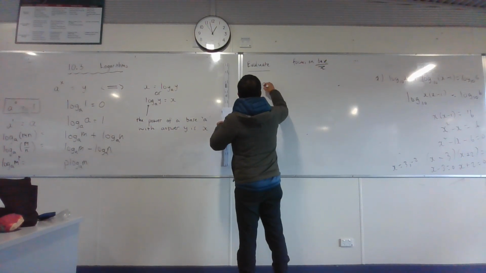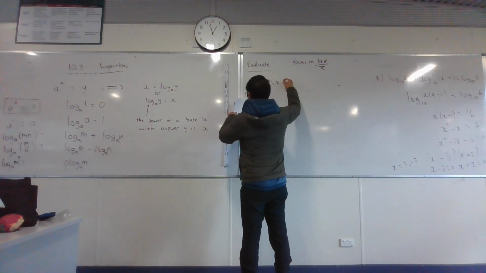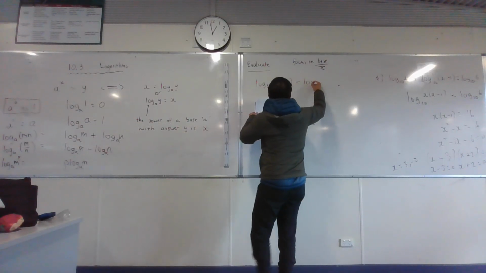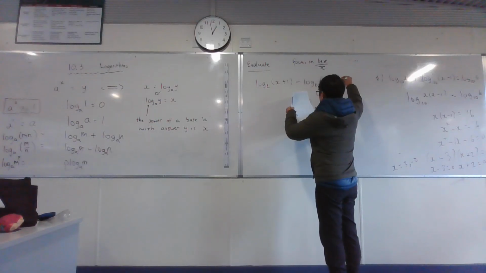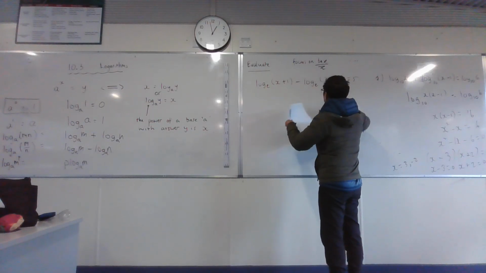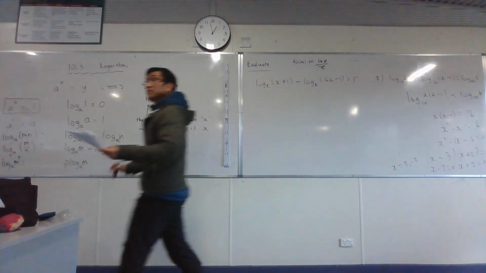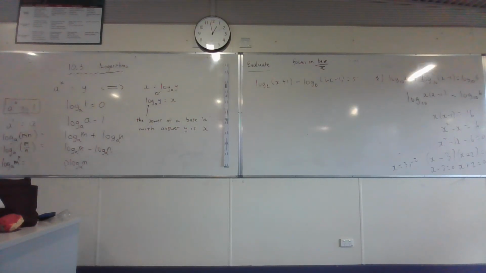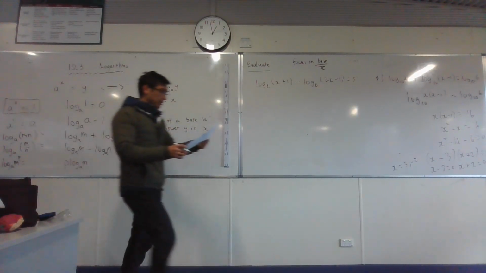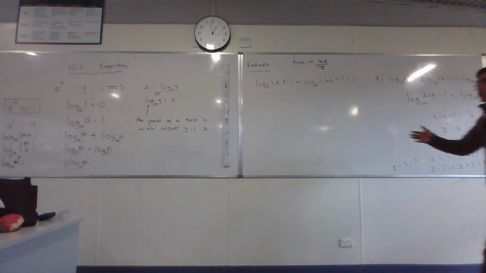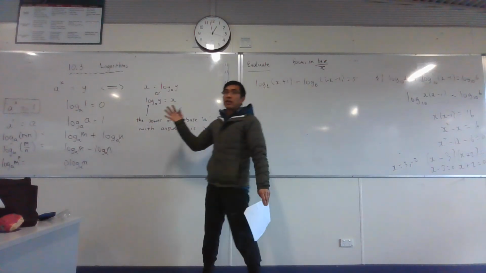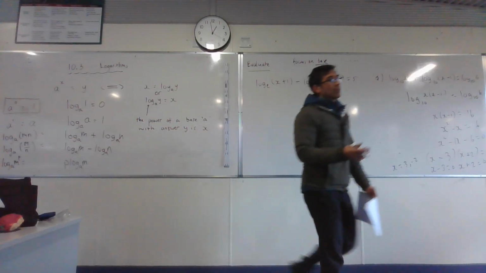Did you guys do log e last year? Does anyone know what log e is? No, sir. You do not know? Figuring out the base. Not quite. Okay. Now, log e is an actual number.